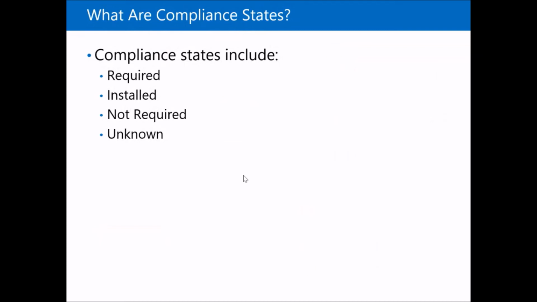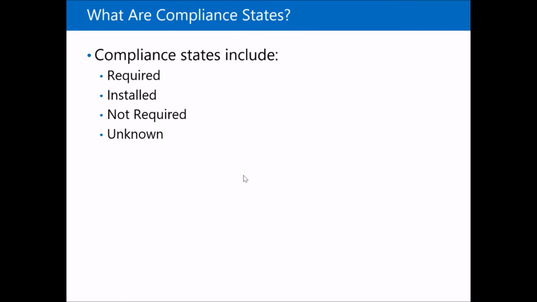So compliance states means what state are you in? Required means my state is that I am supposed to have these updates, for example, but I don't have them yet. So it's required; it's something I need to apply. Installed means I've installed those updates, which is good. That's the desired result. At the end of the day, most times, if it's installed, it's good.